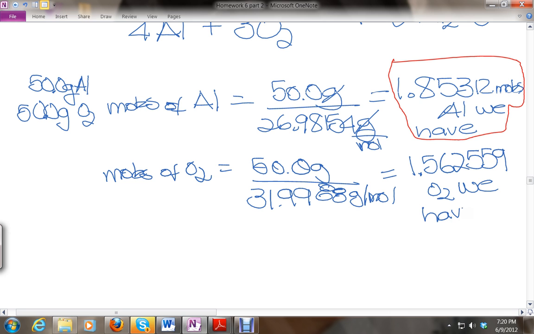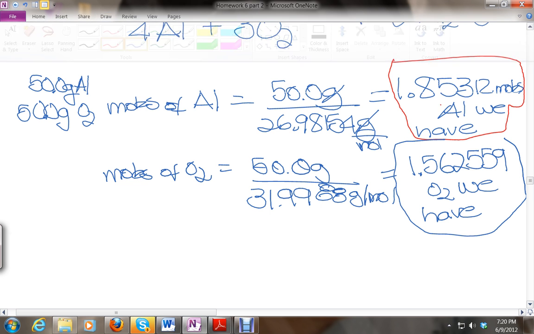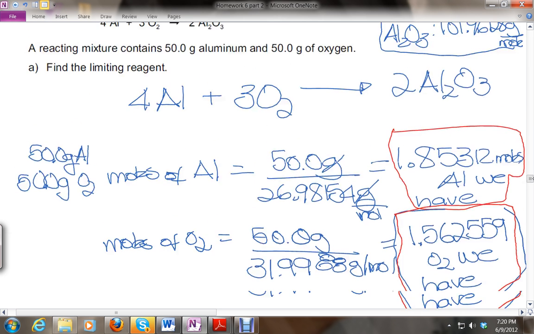Okay, keep it there, because now, which one do you want to choose as our reference, our starting point? I decide that with aluminum, I'm going to see how much oxygen I need. So just keep this. And we're going to use the stoichiometry ratio.